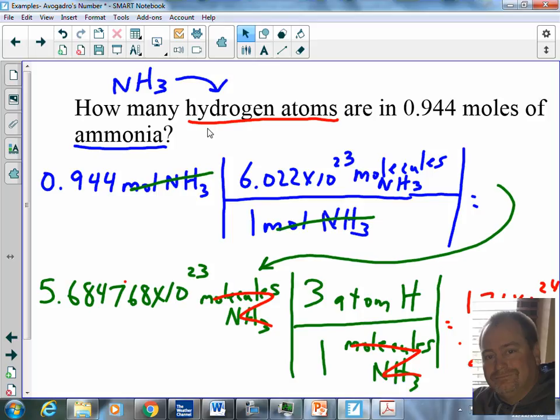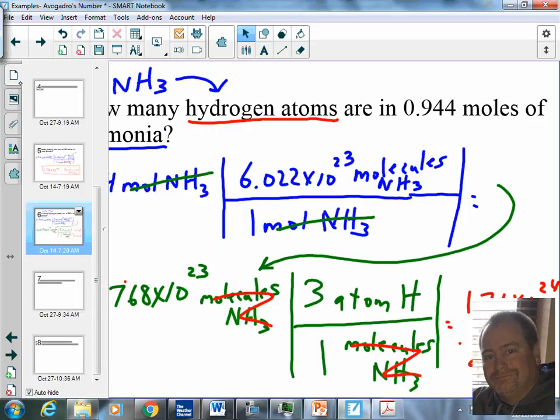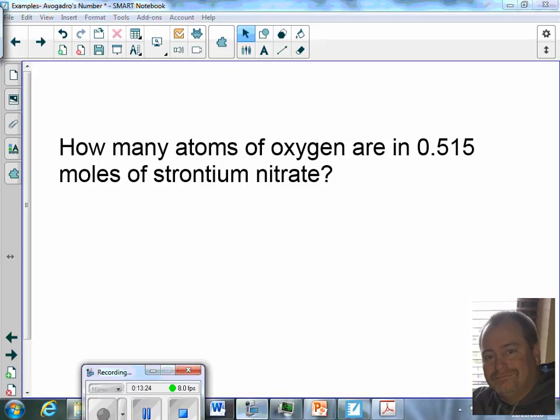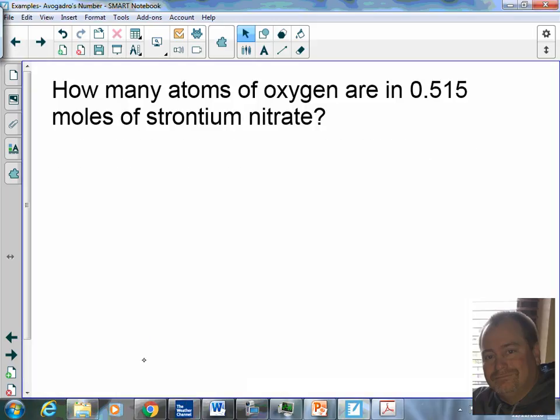Now, I'll give you a second to write this one down. How many atoms of oxygen are in 0.515 moles of strontium nitrate? Now once again, I'm dealing with strontium nitrate, and I want atoms of oxygen, correct?